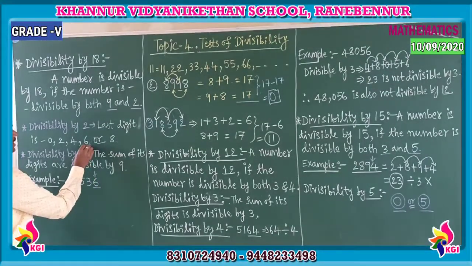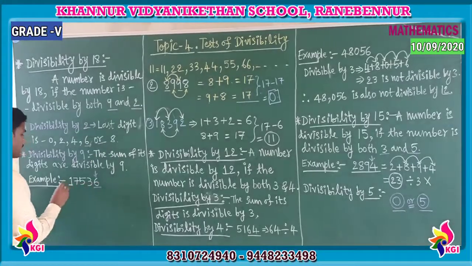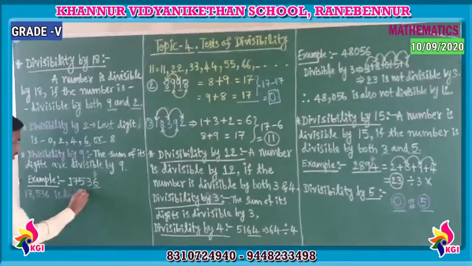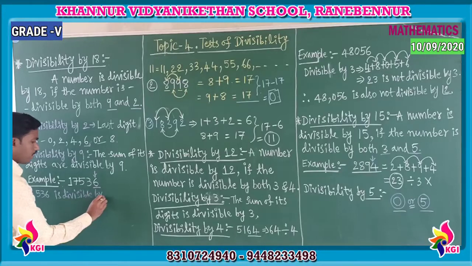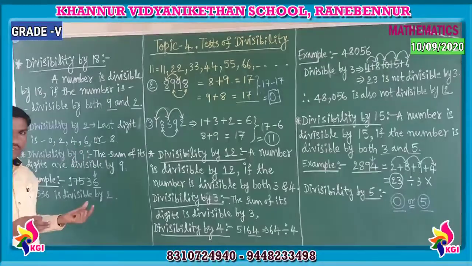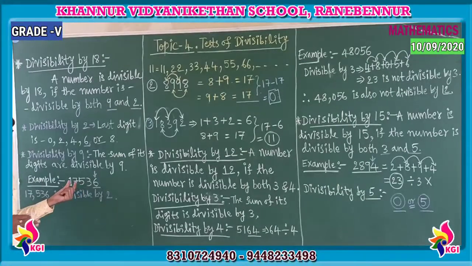So 6 is there, which means this number 17,536 is divisible by 2. This number is divisible by 2 because of its last digit 6, so it is definitely divisible by 2.